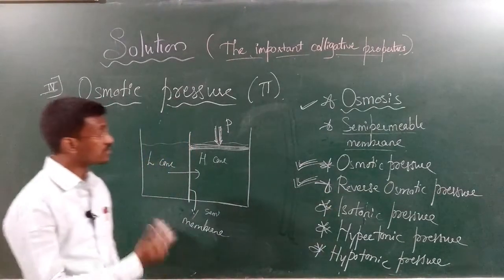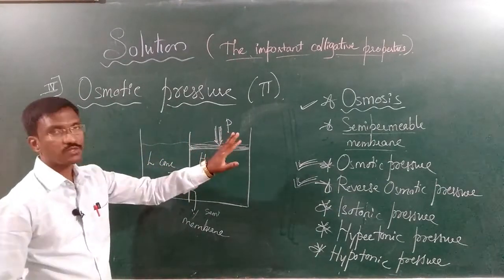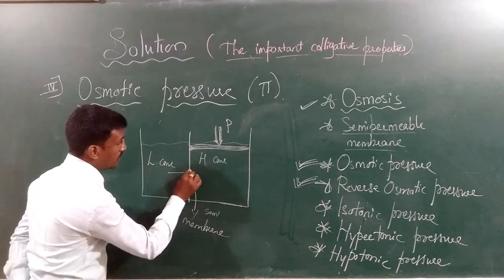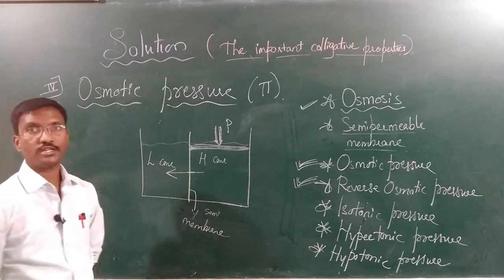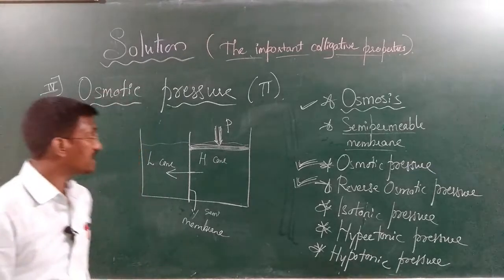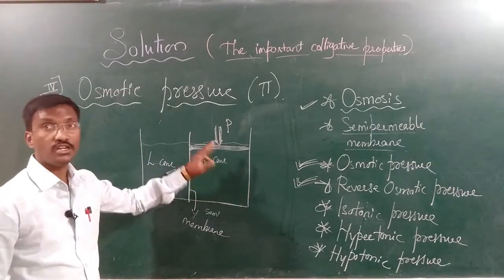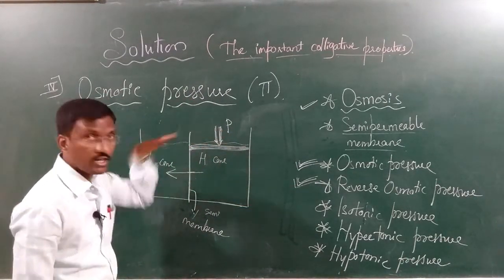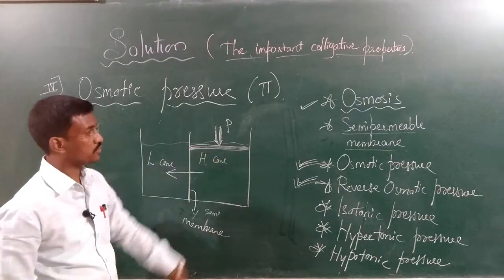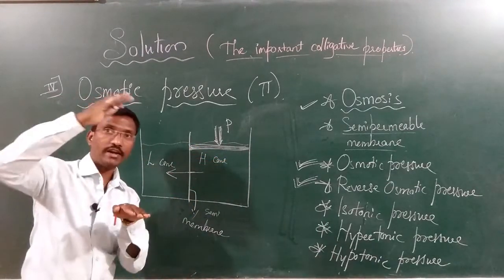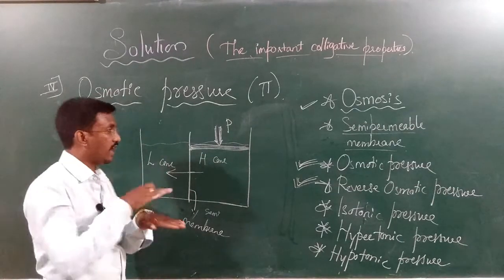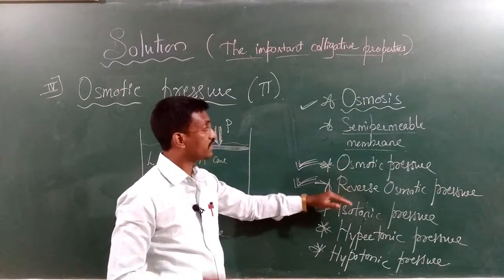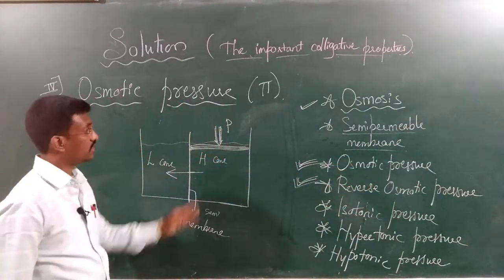Reverse osmosis means the osmosis process takes place in the reverse direction, so the particles transfer from higher concentration to lower concentration. This happens when we apply pressure on the higher concentration greater than the osmotic pressure. Osmotic pressure is applied only to stop the osmosis; when we apply still more, that osmotic pressure itself creates reverse osmosis.